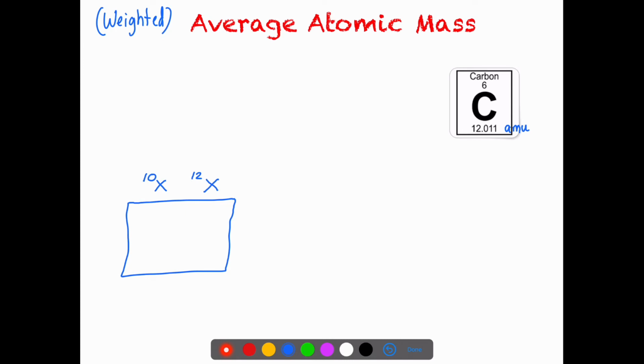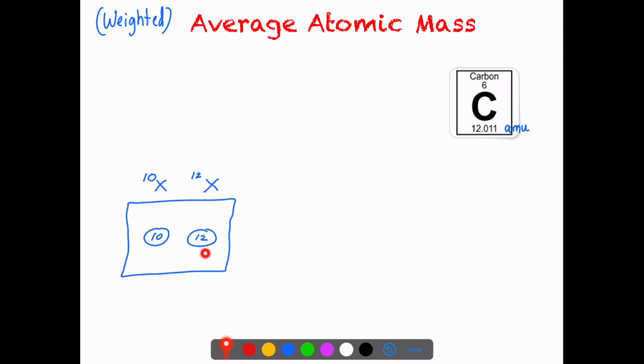Well, if you just have equal amounts, so let's say you have one of this and one of this, instead of writing the X's, let me just draw a blob so you can see clearly. So here's an atom with mass 10, here's another atom with mass 12.